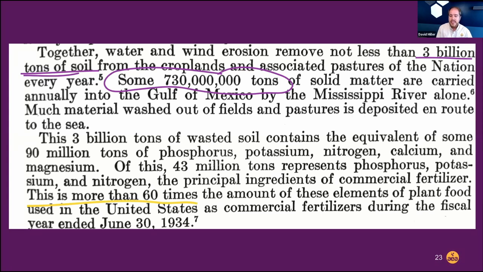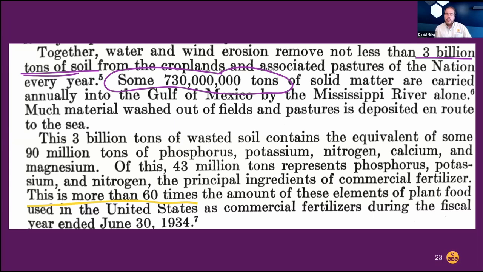That's more than 60 times the amount of these elements of plant food used in the United States as commercial fertilizers during the fiscal year ended June 30th, 1934. So 4 years before. In 1938, this book records that 8 million tons of fertilizer were already being used annually.